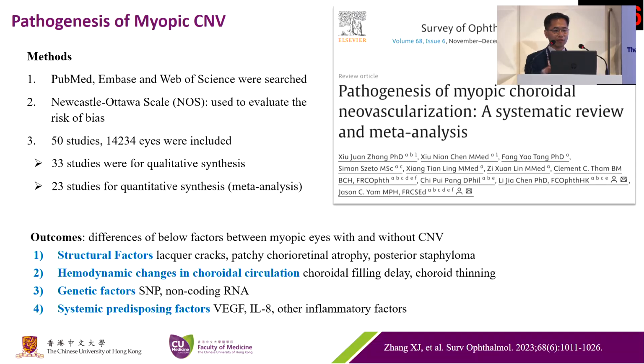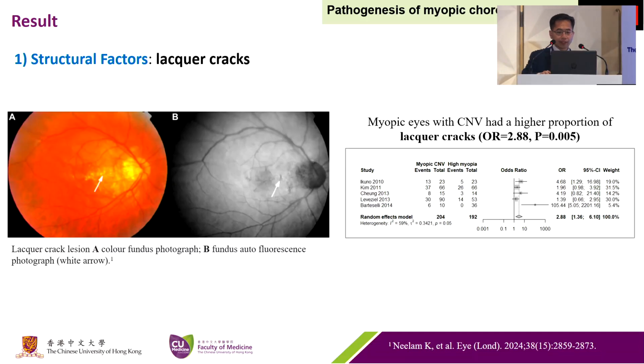Among these cases and controls, we evaluated different outcomes, including the structural factors, the hemodynamic changes in choroidal circulation, the genetic factors, and the systemic predisposing factors.